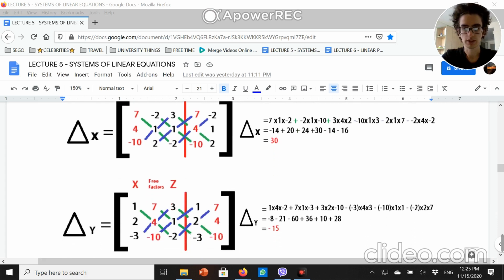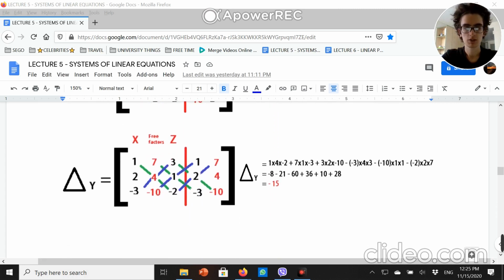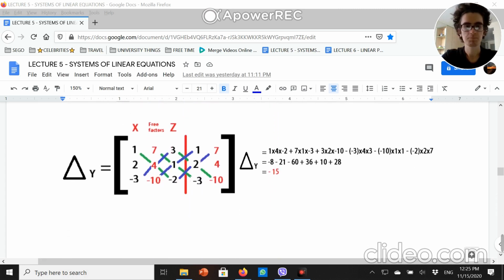Now, knowing that, we're gonna solve delta y. Once again, it's the same thing. We write our x values in the place where we used to write our y values. We're gonna write our free factors, then z, then separate, and then copy the first two columns.